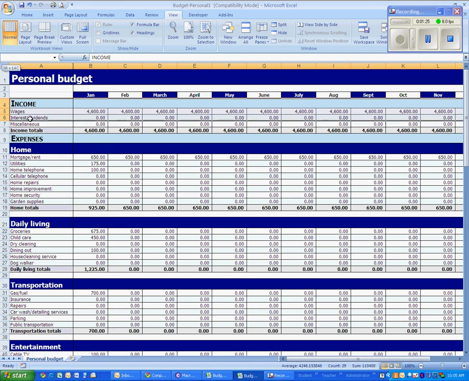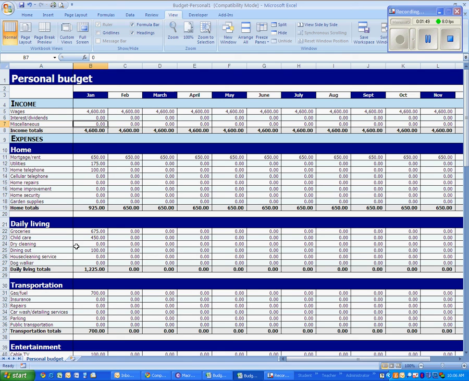So under income here are different ways you can get income: through your wages or your paycheck. If you have some investments, you might get some interest or dividends through those investments. Or you might have a lot of other reasons. Maybe you do some odd jobs on the side. Maybe you have a rental property. Other ways that you might get income.